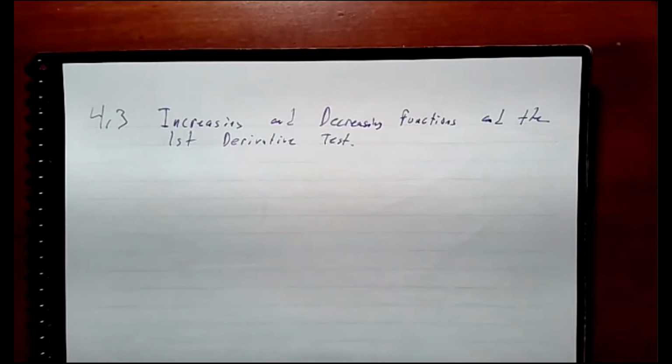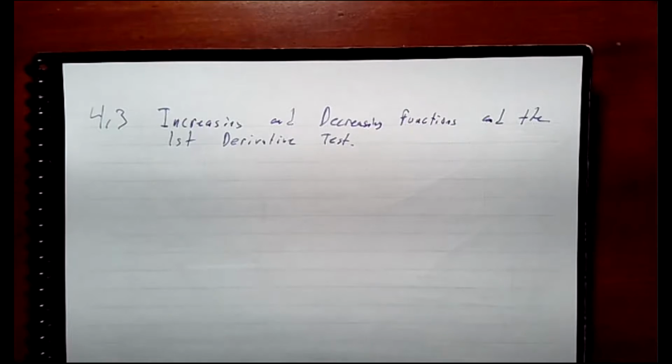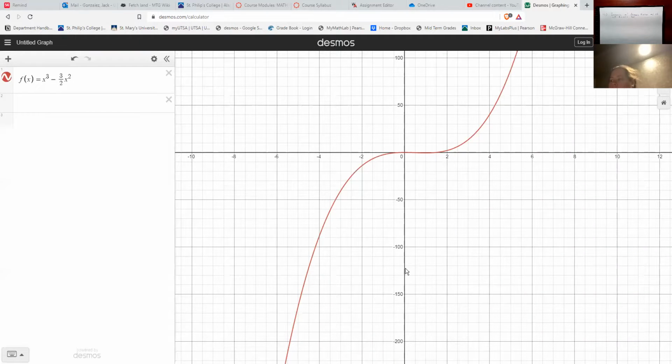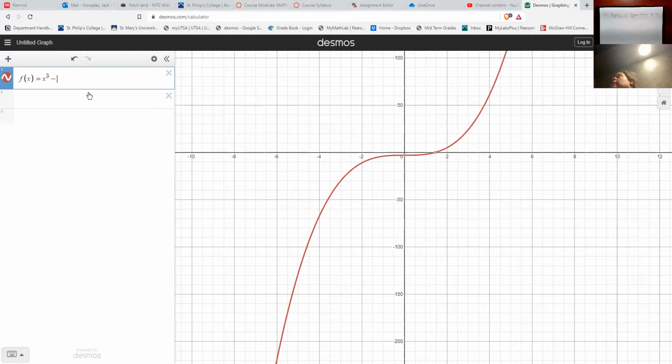So real quick, before we start, just want you to think about this idea. I'm hoping at this point that you remember that when you plug in values into a derivative, they give you slopes, right? We've been saying that for a while. So if you have a function, let's pick a different one.